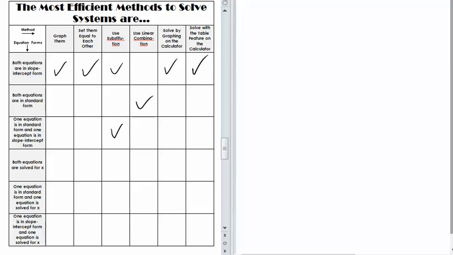So what if both equations are solved for x? So that would be like x equals 2y minus 3 and x equals y plus 4. Now in this case, we don't really know how to graph when it's equal to x. We only really know how to graph when it's equal to y.